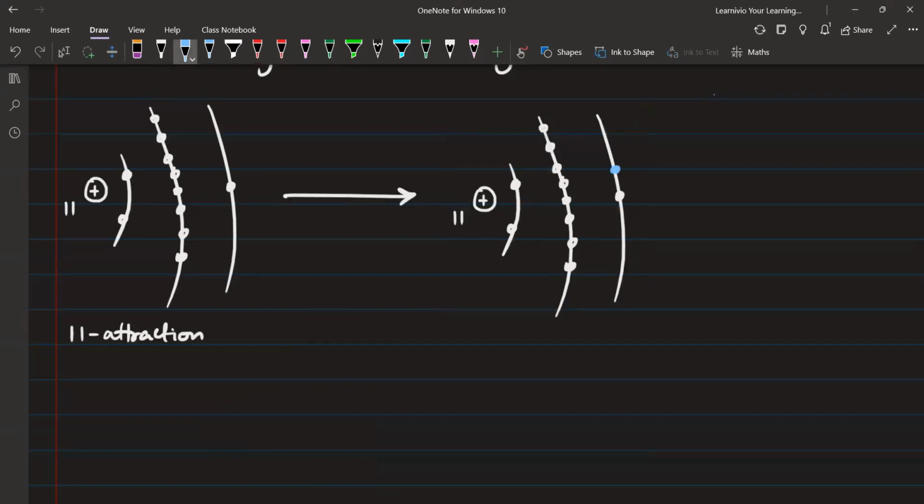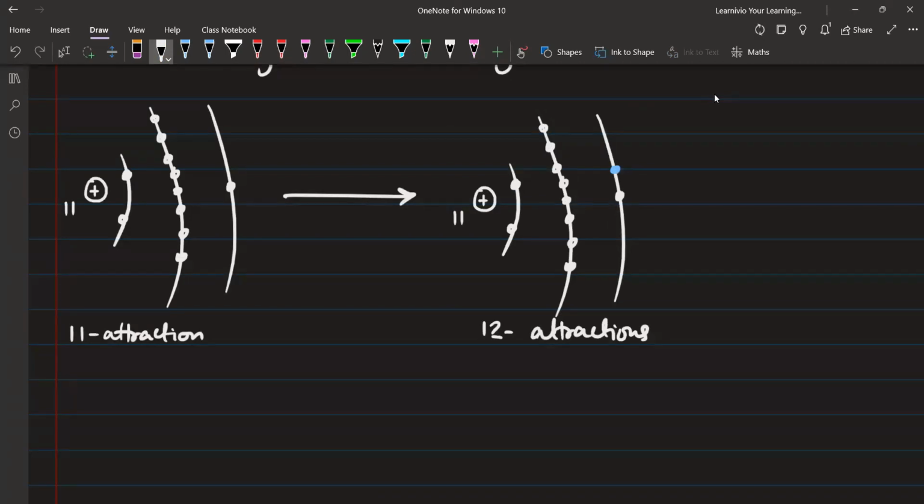This new electron will also be attracted by the protons in the nucleus, and there will be 12 attractions. And the attraction is going to be more than the repulsion. Now, this electron is present, so it will be repelling, but only one electron is repelling and there are 11 protons which are attracting. So overall, the attraction is going to win.